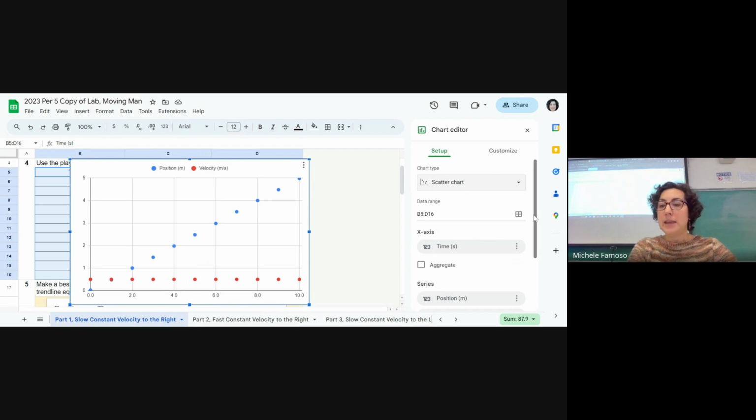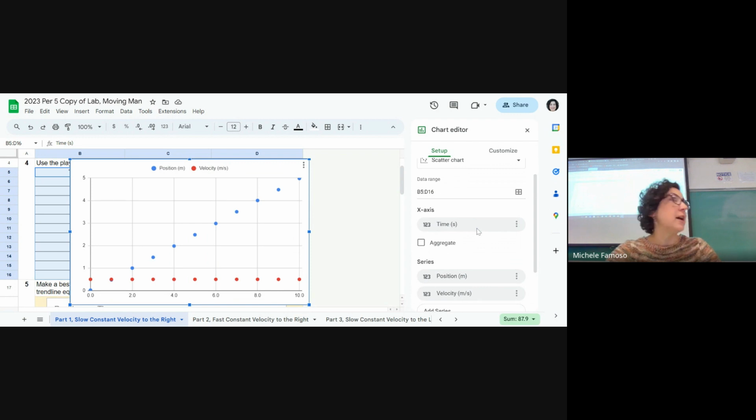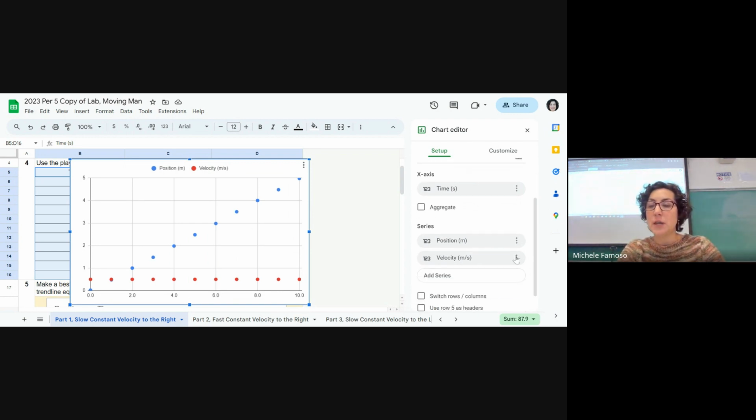Okay. The x-axis should say that we have time in seconds. Yes? Okay. But look under series. It's showing us both variables right now being plotted on this graph. We only want one of the 2 being plotted. Do you remember which one we want on this graph? Velocity. So we got to get rid of position. And let me show you how to do that.